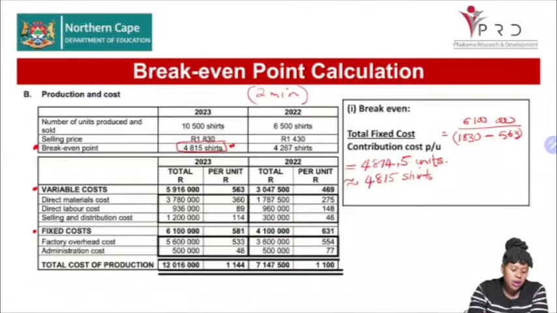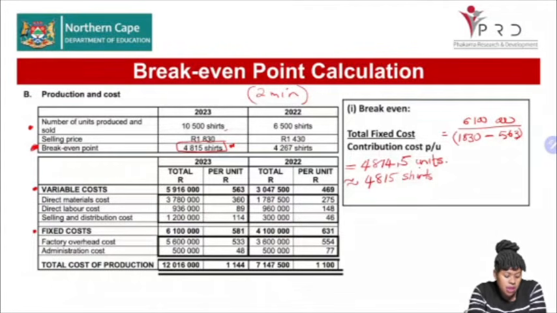So let's quickly look at our information. So they said you look at the number of units sold and produced, and you are also looking at your break-even point for the past 2 years, so meaning for 2023 and 2022. The number of units produced and sold is 10,500, and our break-even point is 4,815.